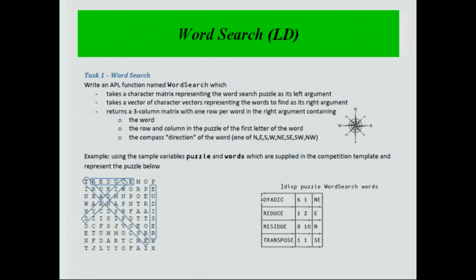Okay, what do we have? We have a matrix of characters and some vector of words. And we want to know in what direction this word is presented in this matrix, and what are the initial coordinates of the first letter in the word.